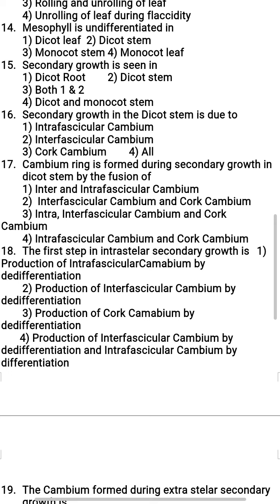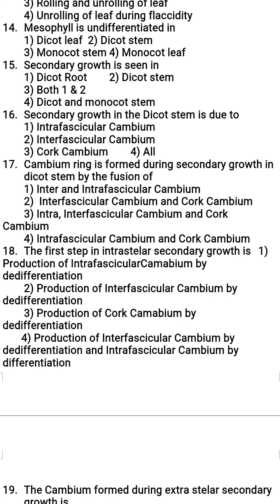So the intrafascicular cambium separates the primary xylem and primary phloem. Next, the cells of the medullary rays adjoining these intrafascicular cambium become meristematic and form the interfascicular cambium. Thus, a continuous ring of cambium is formed. Is it clear? Then, let's move to the 18th question.